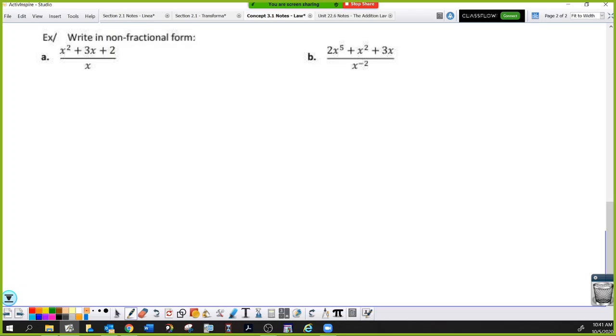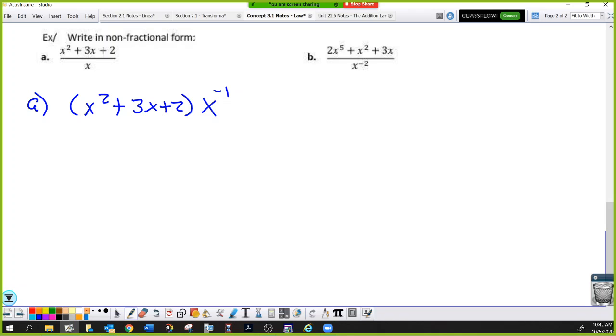All right, so write in non-fractional form. Well, how do we make sure we have no fractions? The way we make sure we have no fractions is by using negative exponents. So instead of saying x squared plus 3x plus 2 divided by x, would you be comfortable with me saying x squared plus 3x plus 2 times x to the -1? It's like saying divided by 2 is the same thing as saying multiply by 1/2.